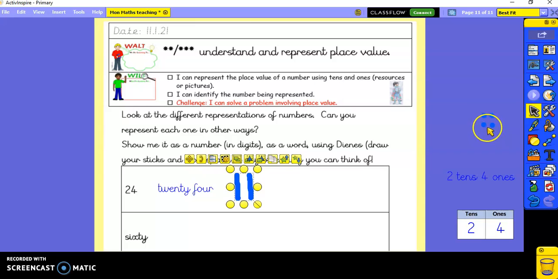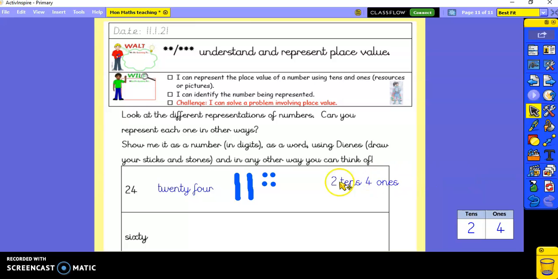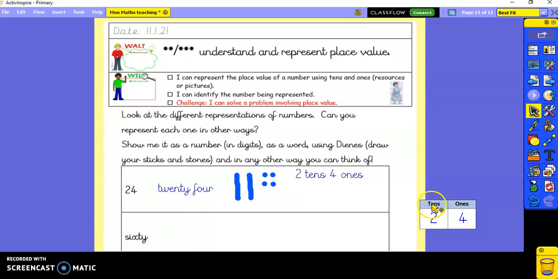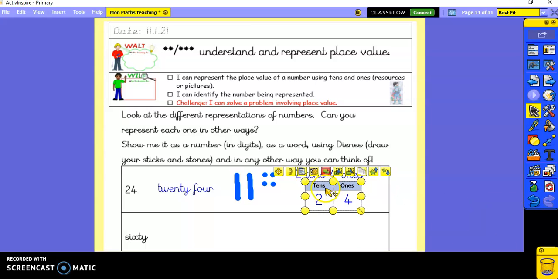So I've got 2 tens and 4 ones to show you 24. I could do it using the sentence 2 tens and 4 ones, and I can also show it to you as a place value grid.